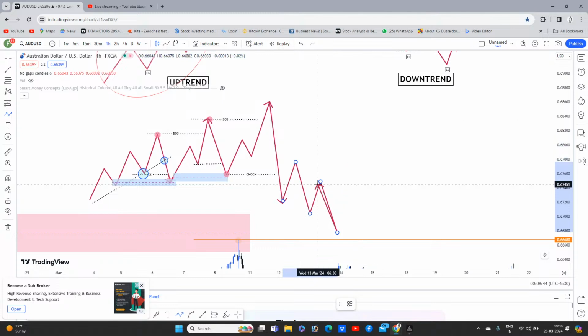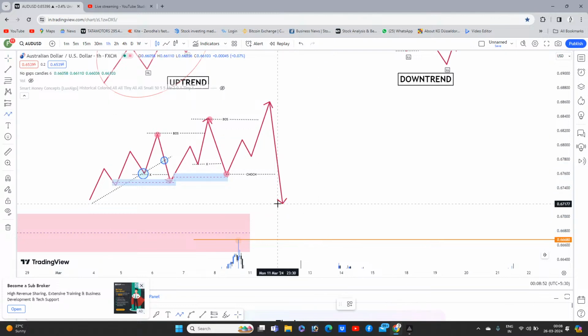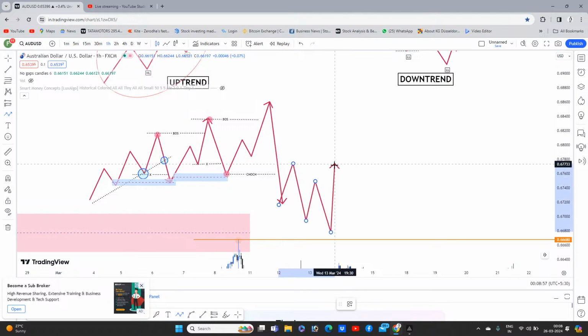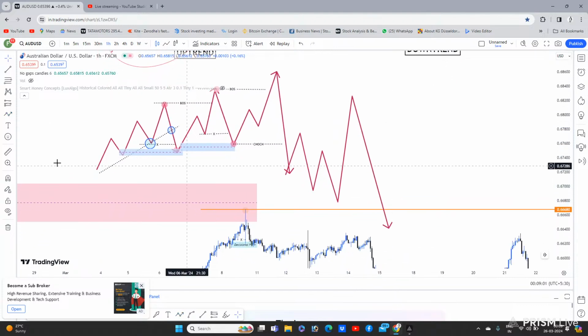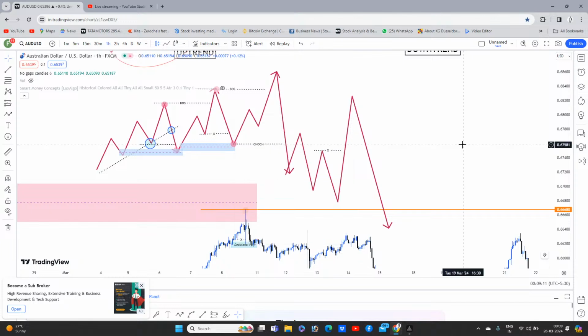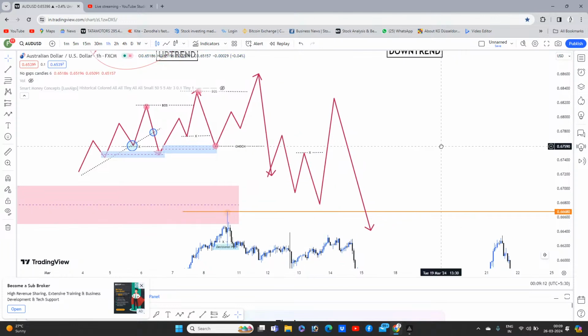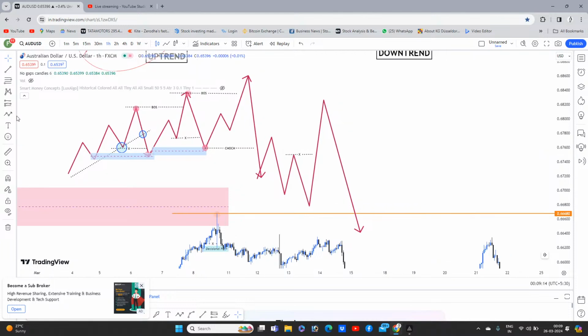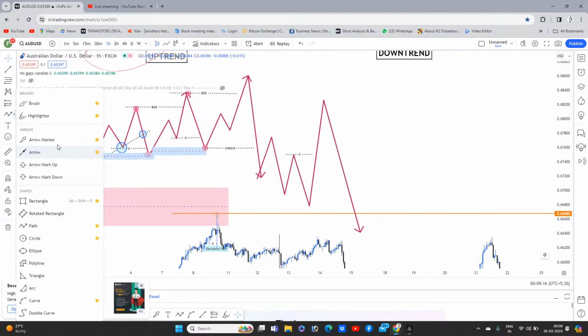But when the market has taken the last pullback, which is called an inducement, we mark our lower low first.